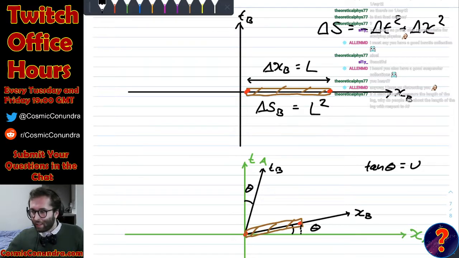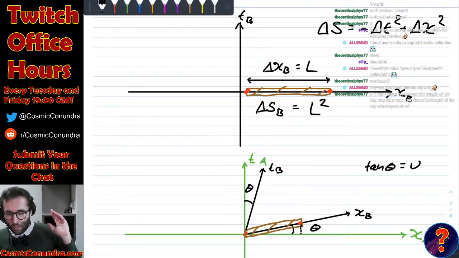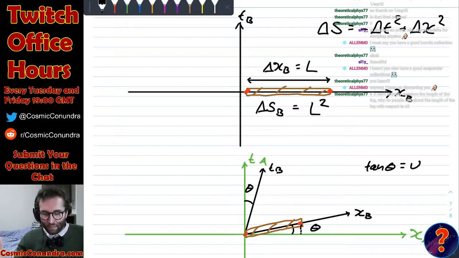But if I'm moving with respect to it, there's a difference in the spatial positions of my hands, and when you transfer into the frame of the log, that corresponds to a difference in temporal positions. So instead of putting both my hands down like that to measure it, I end up putting one hand down first and then the other. So it feels like I'm measuring a shorter length of the rod than I actually am.